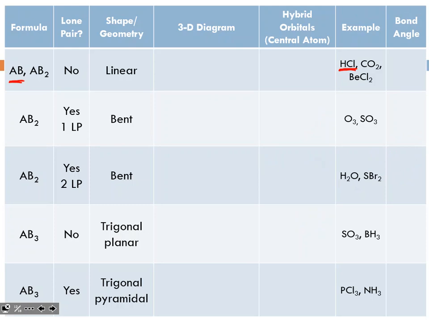Now, the other version, which you also did see because you looked at carbon dioxide in your model, which would be the AB2 generic form, there weren't any lone pairs around the central atom. When there's 2 things attached with no lone pairs, it's always going to be linear. So looking here, you have 2 ball and stick models. You have the one that only has 2 atoms, which would be the one on the left. The one on the right is showing that you have the 3 atoms, but they are in a straight line.